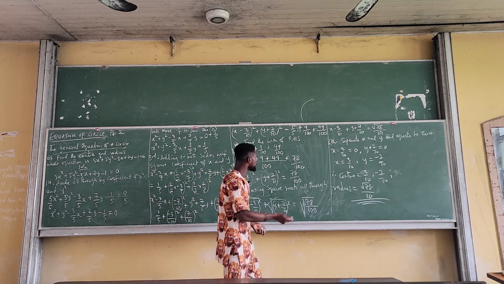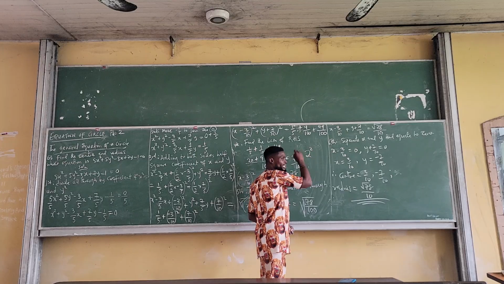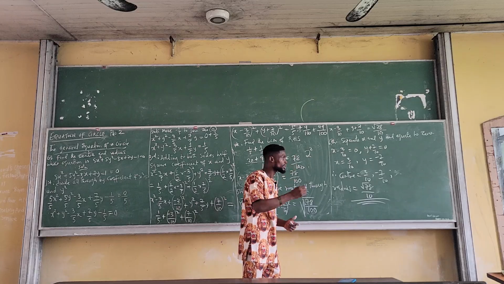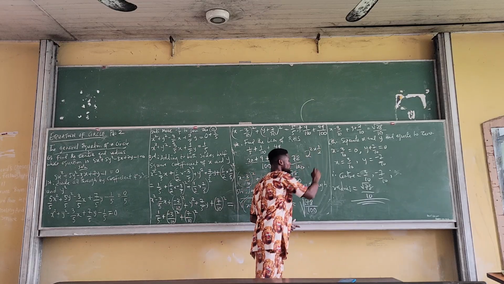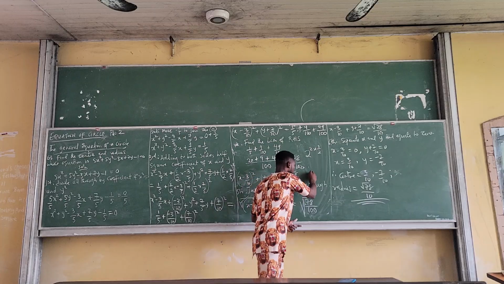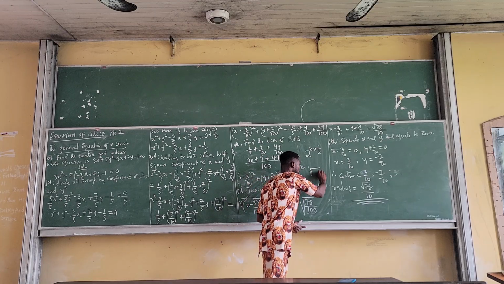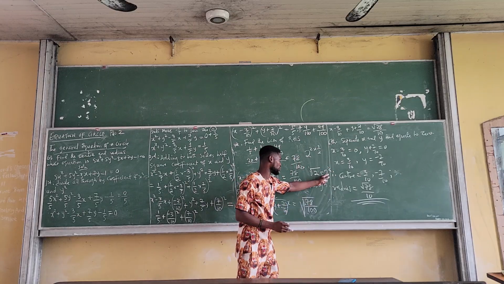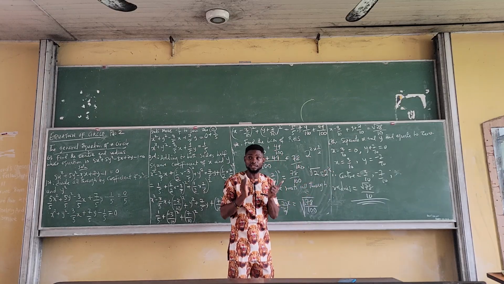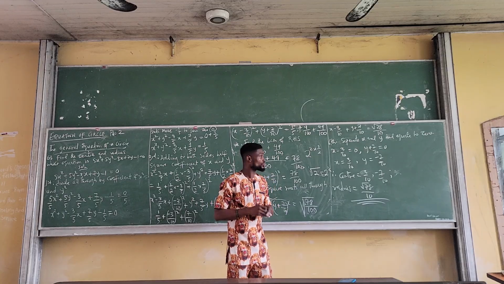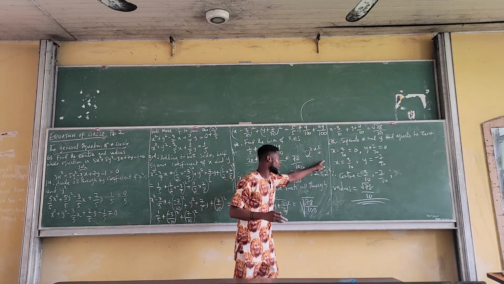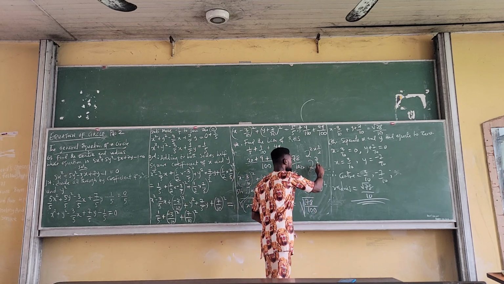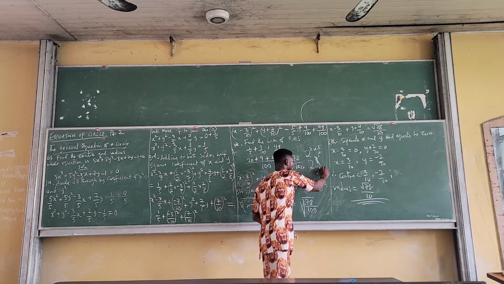Let me show you an example. If you have 2 square and you apply square root, square root means raising to the power of half. So 2 raised to power 2, square root, is the same thing as 2 raised to power 2 times half. So that is something like 2 over 2, and these 2 can cancel to give you 1. 2 raised to power 1 is 2.